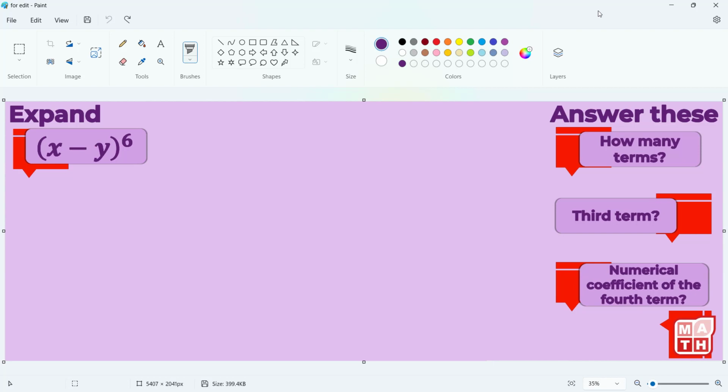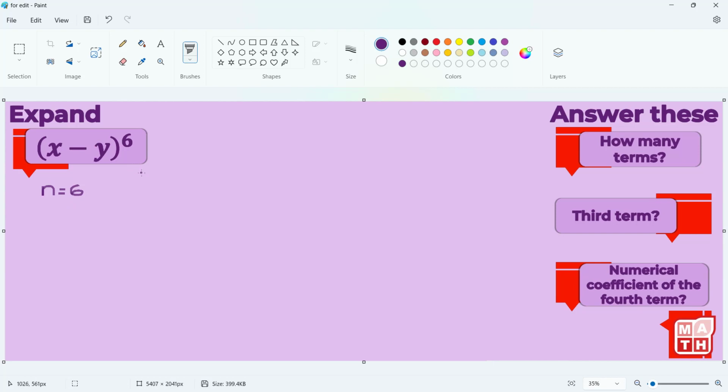If we're going to expand this given binomial expression, we expect a lot of terms, but that number of terms is actually identified pertaining to the exponent of this binomial expression, which is 6. Our n here is 6. This corresponds to the exponent of x minus y.